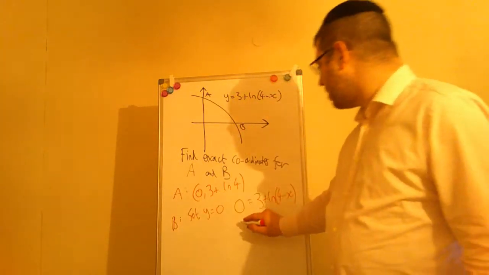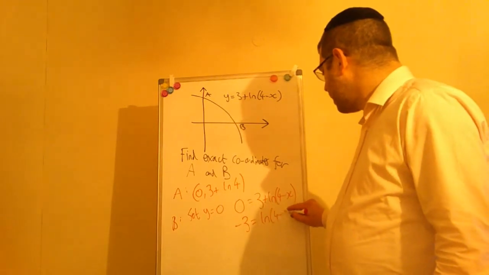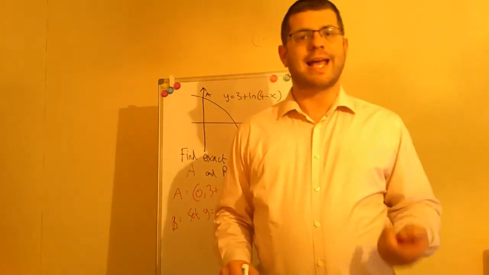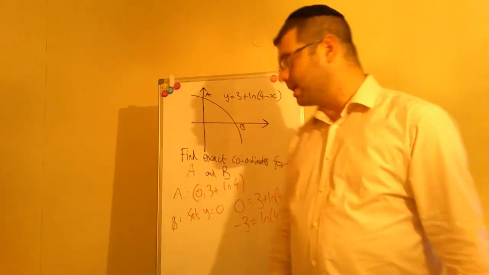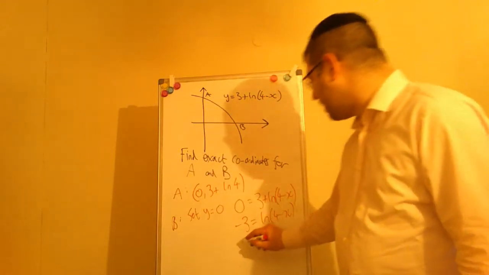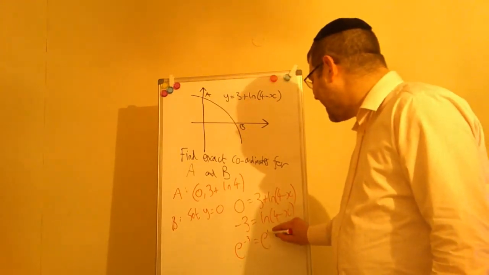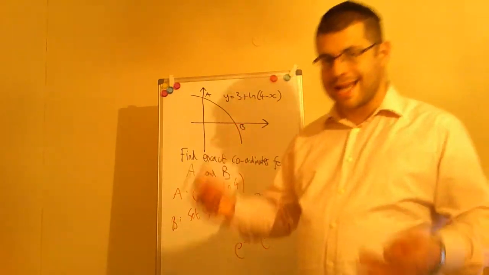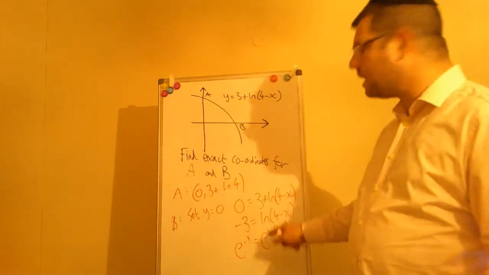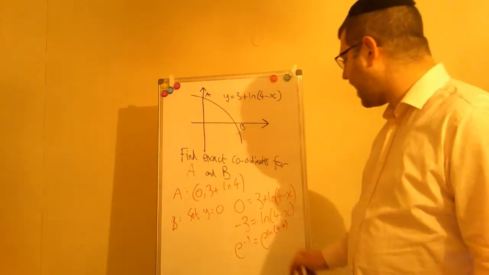Let's take the 3 across, so minus 3 is ln 4 minus x. And recall what we said. To get rid of ln, I can introduce e as a base on both sides. So e to the base here would be e to the minus 3. Introducing e here would pop ln 4 minus x up as a power. E and ln are now touching each other. There's nothing in the way, so the e and ln will cancel.